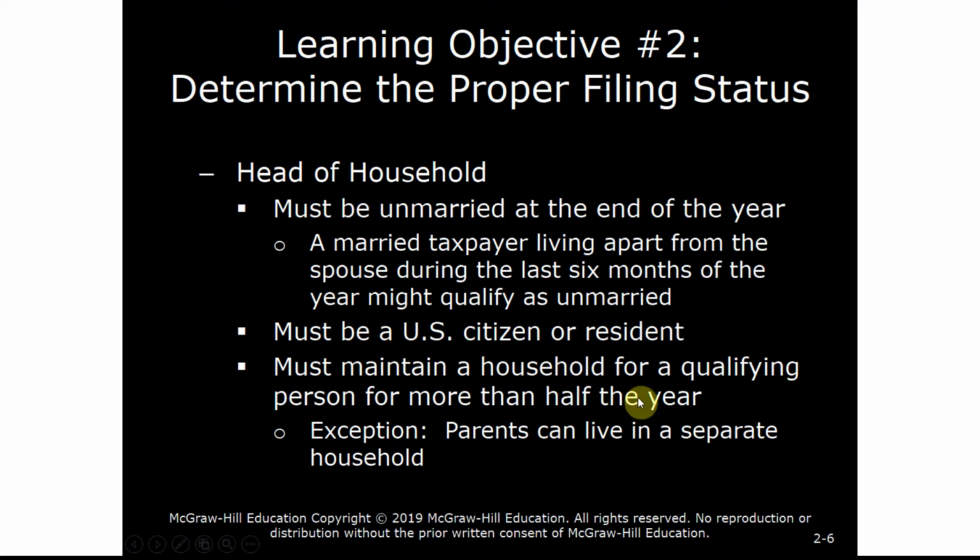You have to be a U.S. citizen or resident, and must maintain a household for yourself and a qualifying person for more than half the year. One exception, of course, is that parents can live in a separate household. This comes up sometimes if you have a parent, for example, who's living in assisted living or in a nursing home, and you're paying more than half their support, very likely you'd be able to claim head of household status.